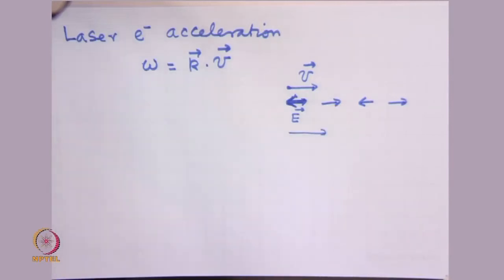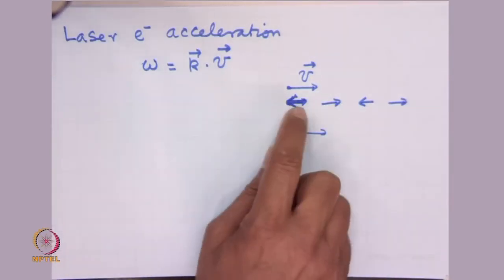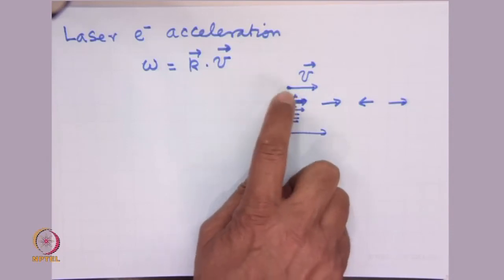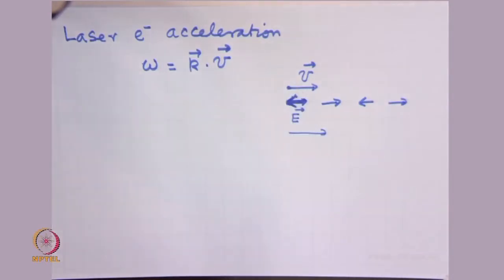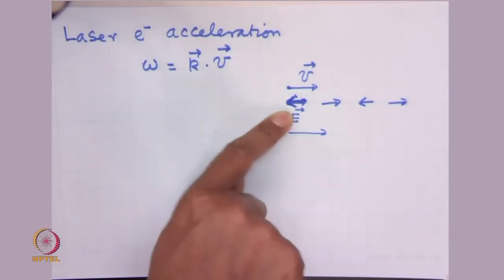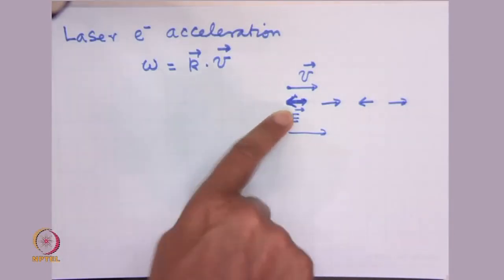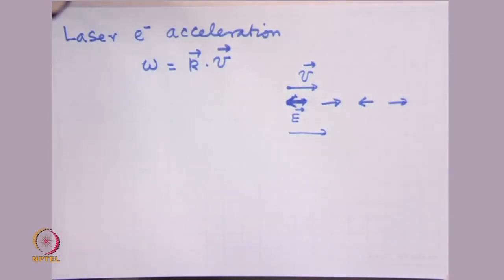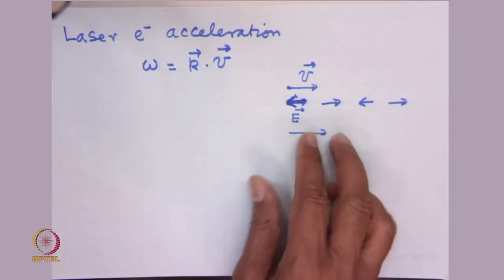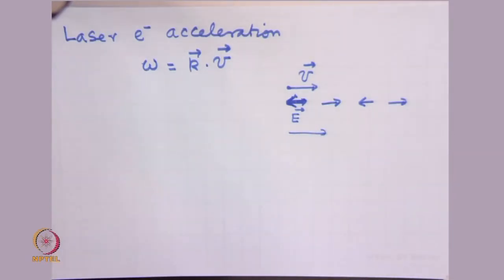So what you require is that the electric field of the wave should have a component in the direction of electron velocity, and secondly, the phase velocity of this wave should be very close to the velocity of the particle. These two things are required. For electromagnetic waves, you know, in plasmas they have a phase velocity more than c. This condition cannot be satisfied.